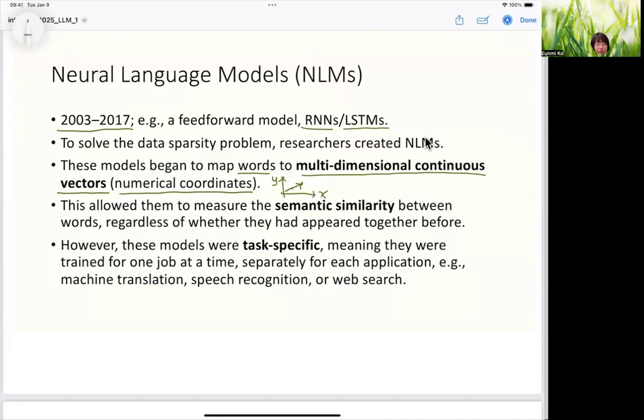However, these models were task-specific, meaning they were trained for one job at a time, separately for each application. So the model is trained for machine translation, and then from scratch, a model should be trained for speech recognition. And then again, it cannot be recycled for another purpose, but should be trained from scratch for web search.